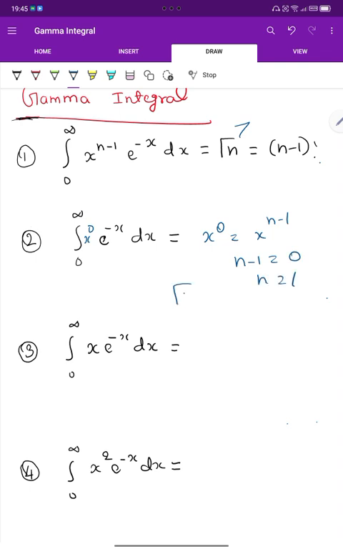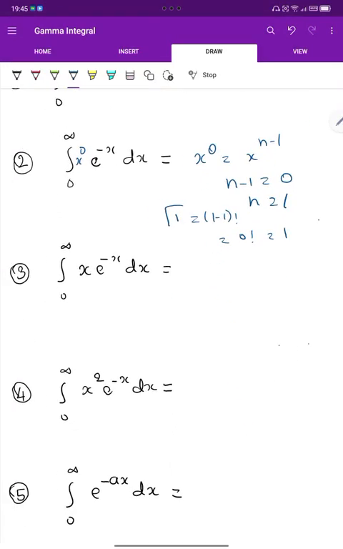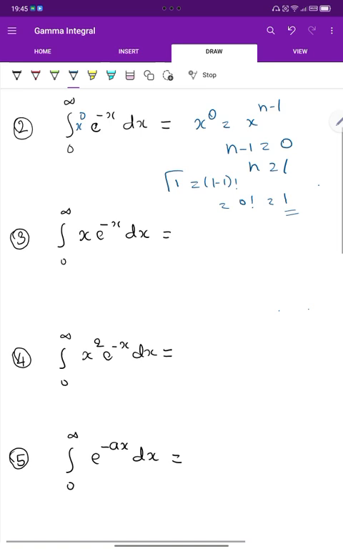So this is equal to gamma of 1, that is equal to 1 minus 1 factorial, 0 factorial, that is equal to 1. So the value of this integral is 1. We can also do this integration in the standard way and compare the results with these results, both will be same.